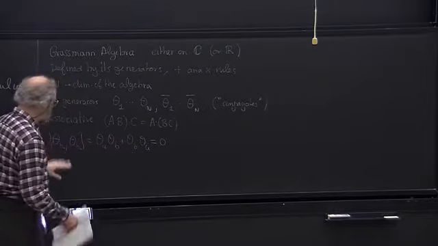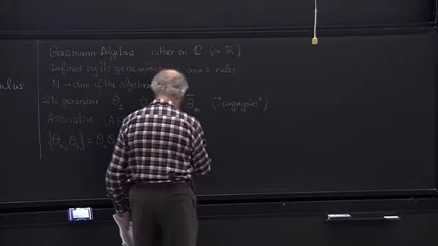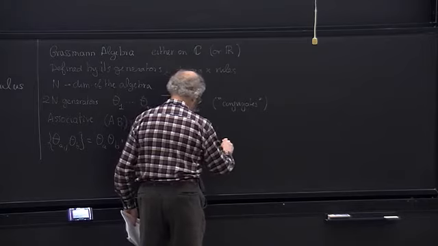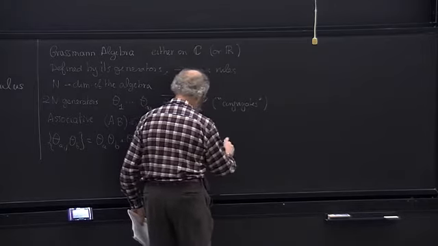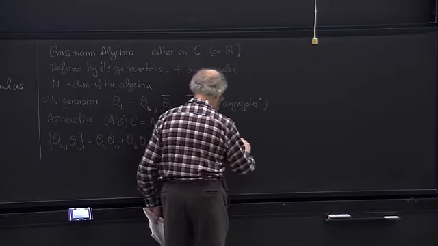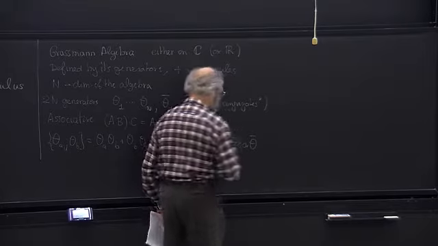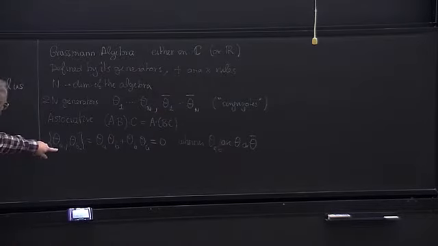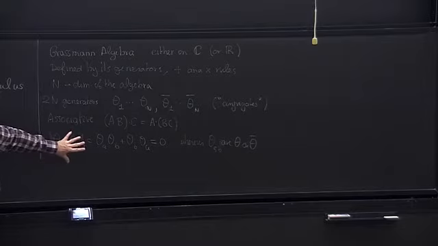Okay? And this is going to be true wherever theta A and B are theta or theta bars. So any anticommutator of thetas with theta, or theta with theta bar, or theta bar with theta bar is equal to 0.